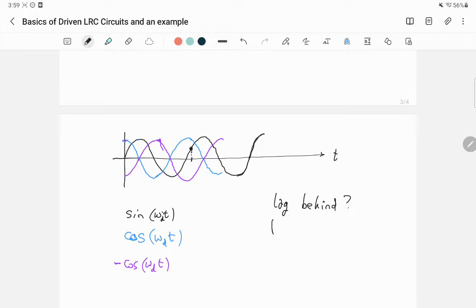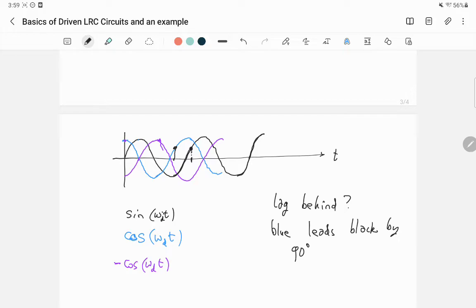Actually, blue leads black by 90 degrees. The reason is that the black line is heading up through this value at this time, but blue already did that at an earlier time.